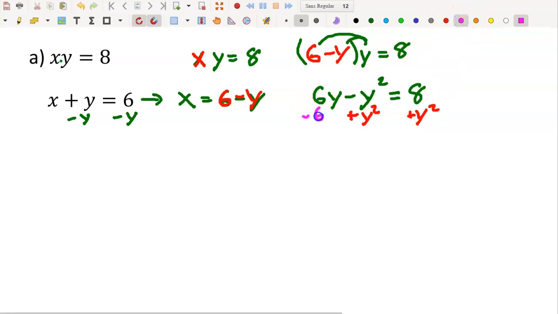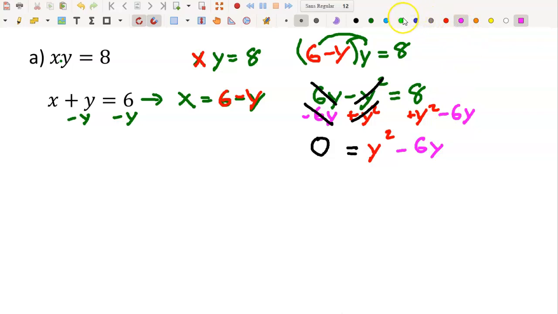And that means we also have to move the 6y. So goal number 1 is accomplished. I have it equal to 0 by doing this. Write this in descending order, so quadratic term first, linear term second, constant term last.